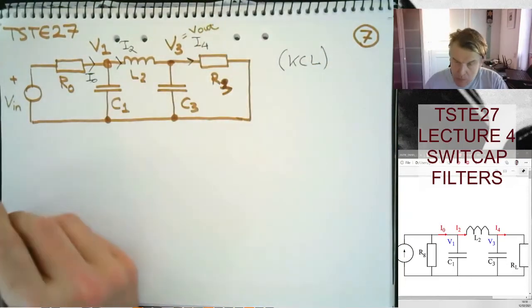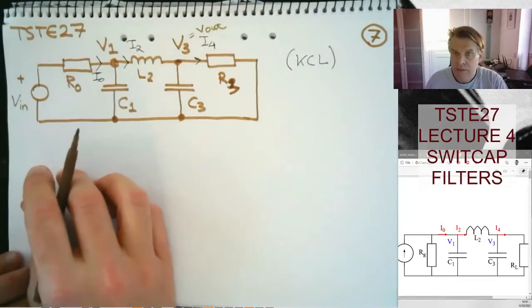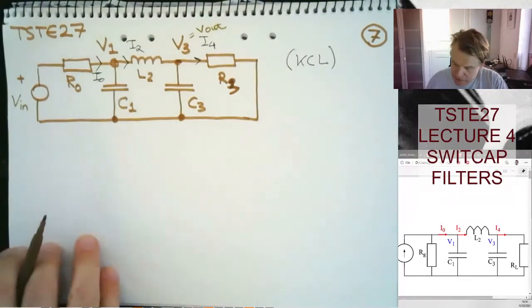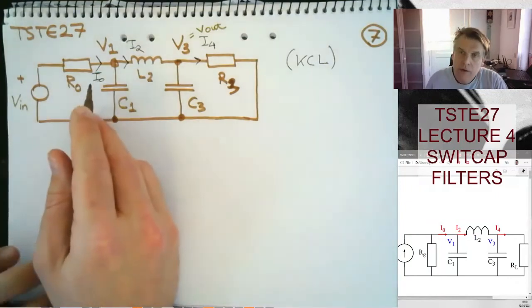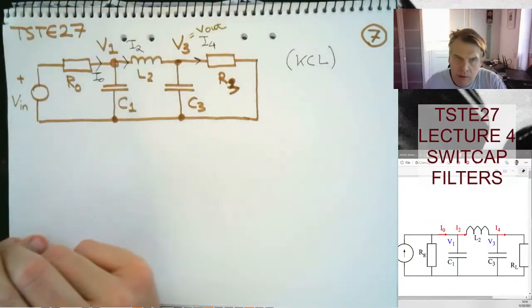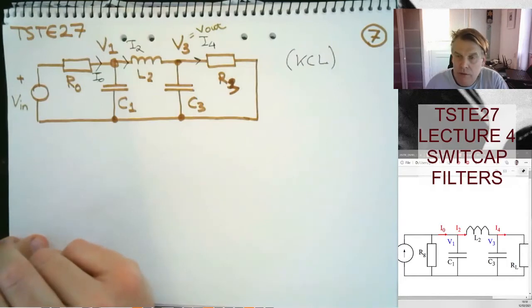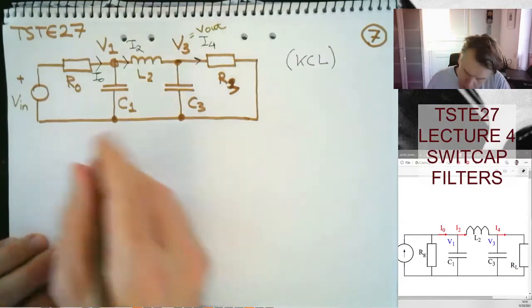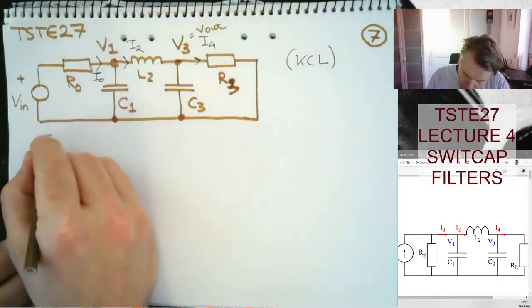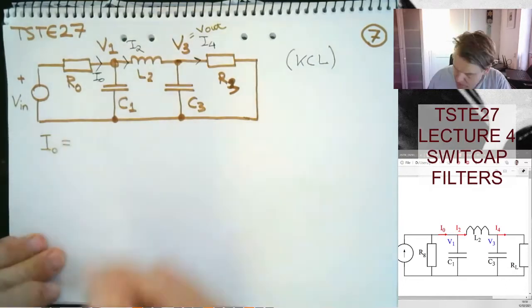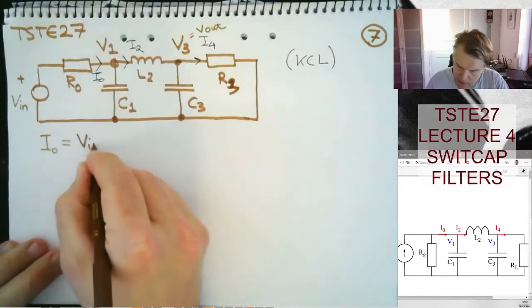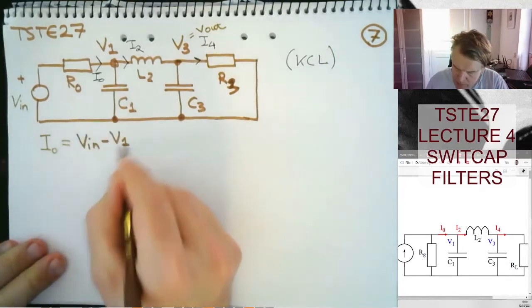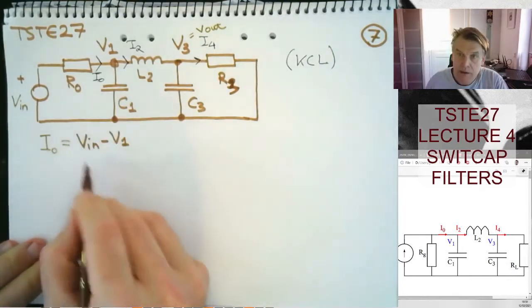Okay, so we can now formulate a set of equations. I'm going to get 5 equations here in the end. And then we're going to introduce something called state variables, and all of them will be voltages. Obviously, I naught is equal to V in minus V1 divided by R naught.